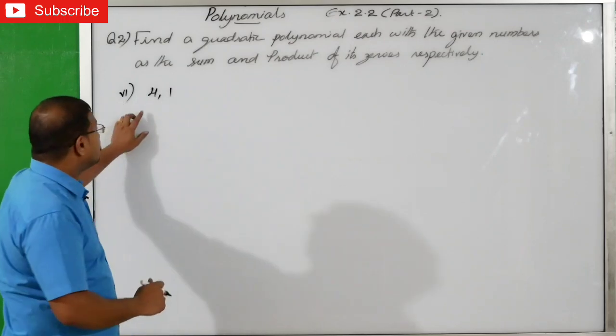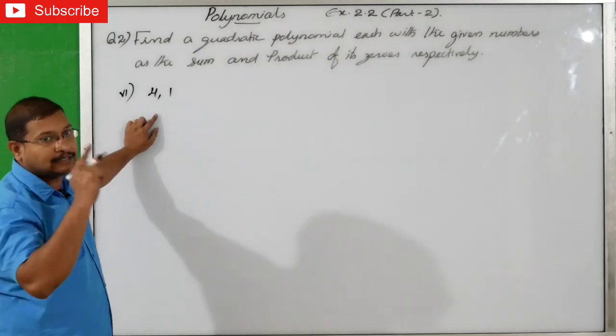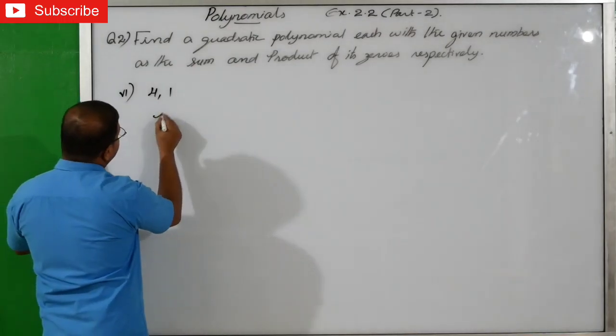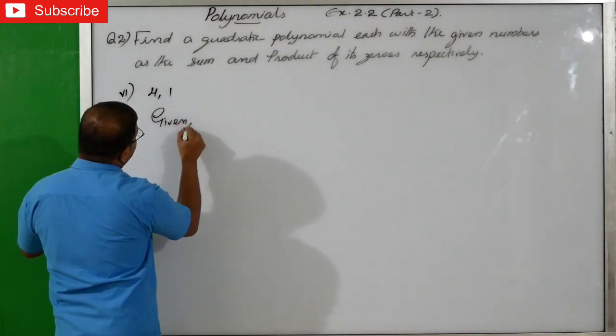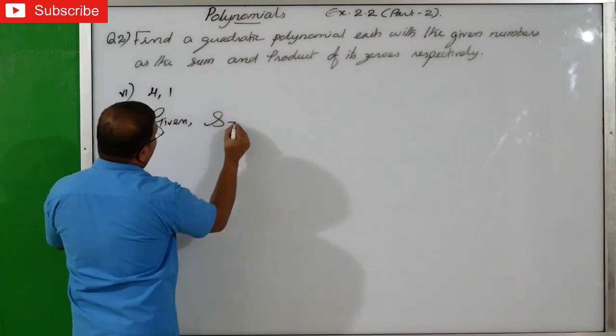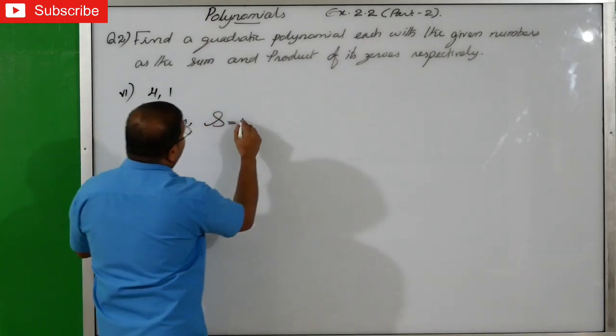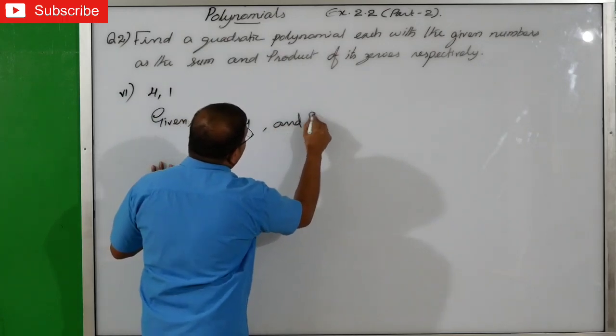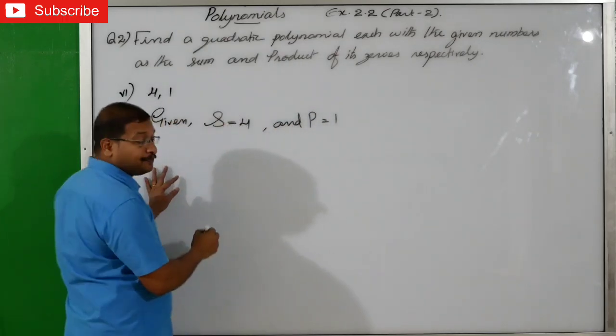Question number 6, that is 4, 1. Means sum is 4 and the product is 1. So we'll write given sum of the zeros, that is s equals 4, and product of the zeros, that is p equals 1.